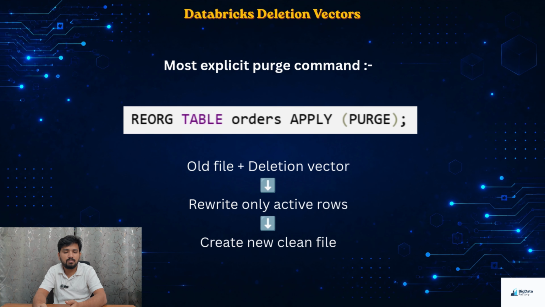Conceptually, we have the old file plus the deletion vector. We rewrite only active rows and then create a new clean file. After that rewrite, the logically deleted row is no longer present in the current table's active files. However, the older file may still be retained for table history and time travel. To physically remove expired old files from storage, we use VACUUM.